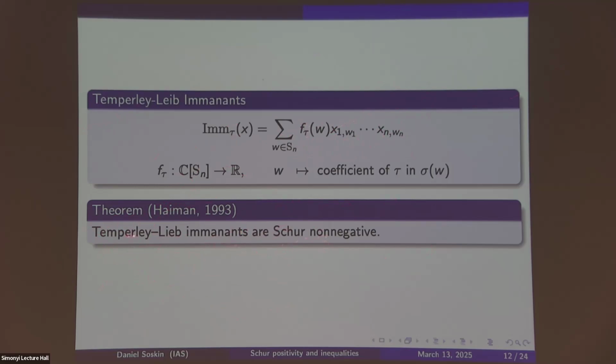So Rhoades and Skandera showed that Temperley-Lieb immanants are Schur non-negative. Sorry, how do you get a symmetric function? You take a Temperley-Lieb immanant and evaluate it on a Jacobi-Trudi submatrix. Otherwise, it's just a polynomial in matrix entries.